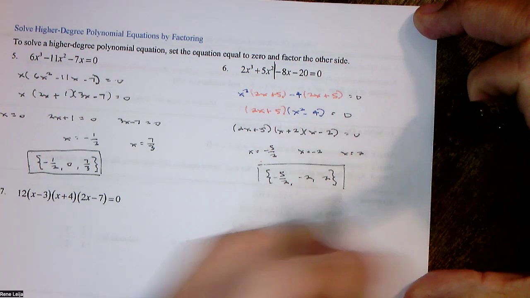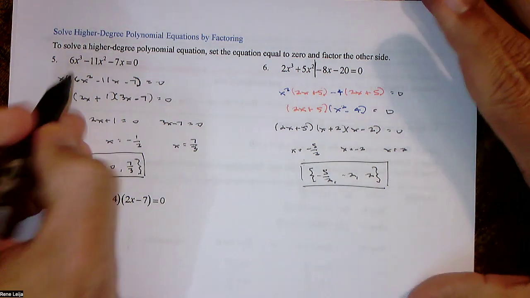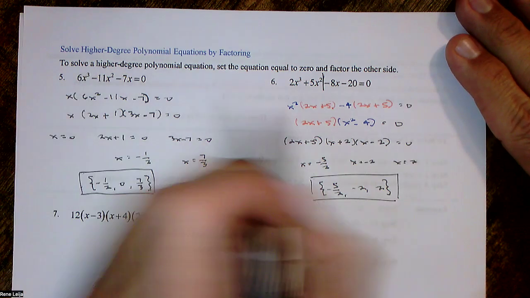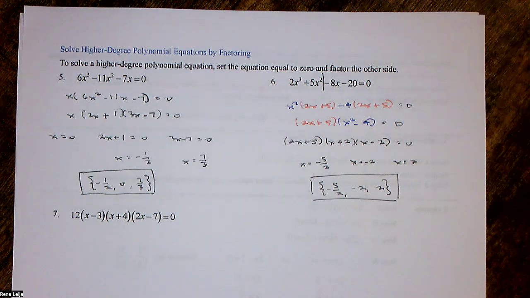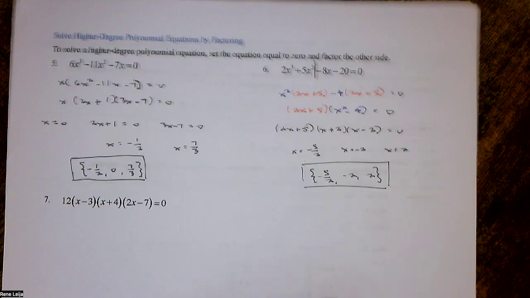And those are our 3 solutions. Now, 3 solutions because look at the degree of your equation. It's a degree 3. That's the highest exponent. So at most, the degree of your equation tells you at most how many solutions you'll have.